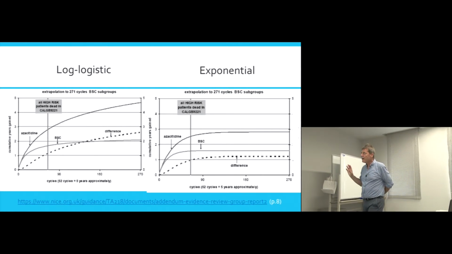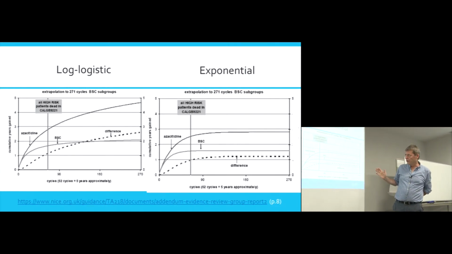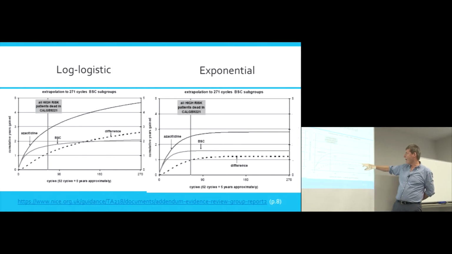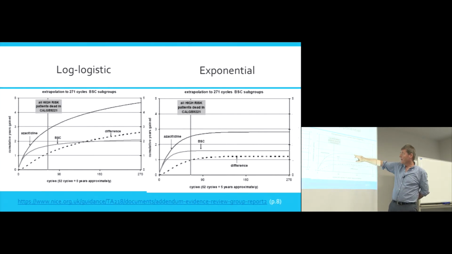Now, we can compare that in the right-hand side to an exponential model. Again, we've got a best supportive care, leveling out, if anything, a bit earlier than in the log-logistic model. And the azacitidine is also beginning to level out, maybe about 10 years.